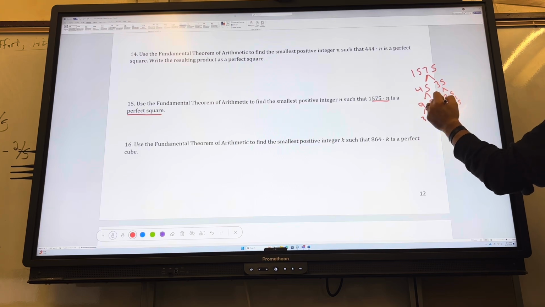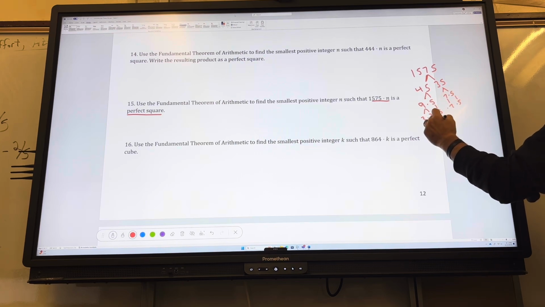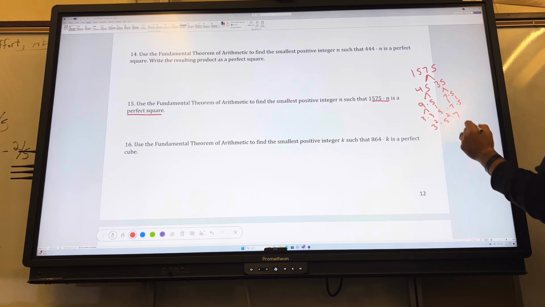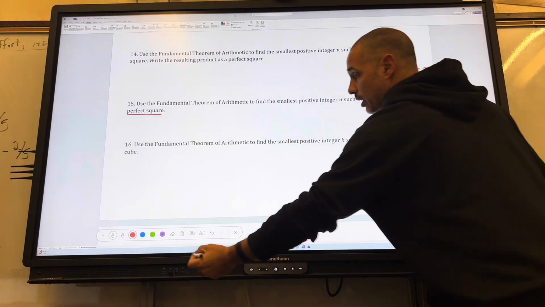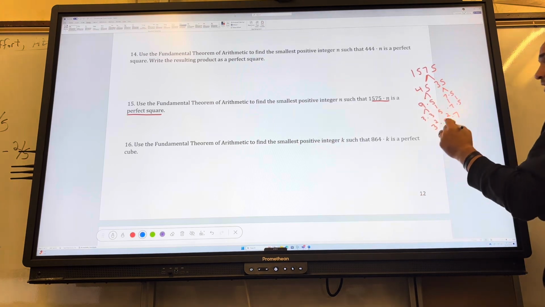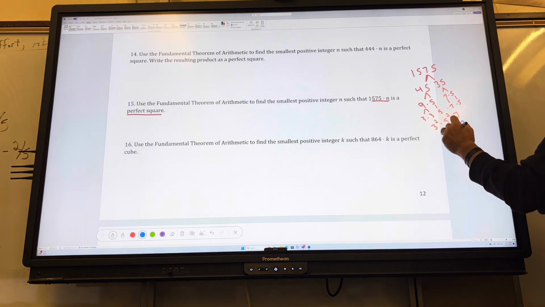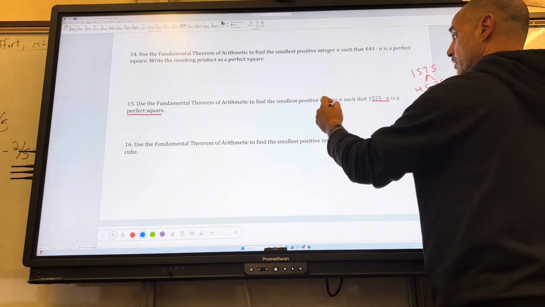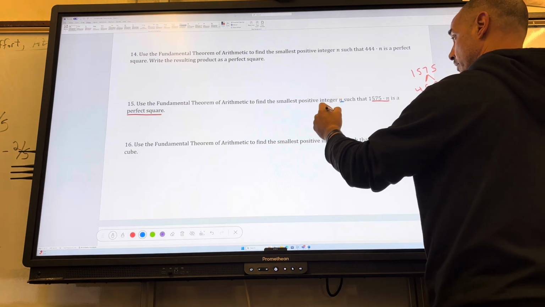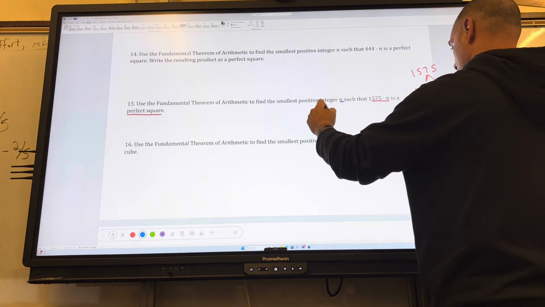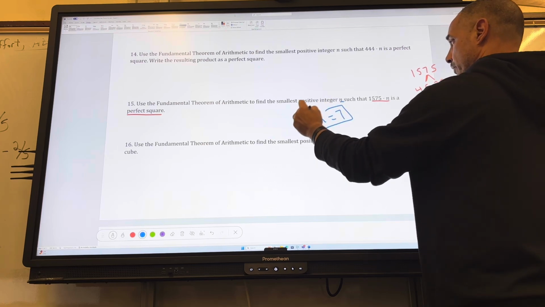The 5 comes down. And so this is 3 squared times 5 squared times 7. The only number that isn't squared here is 7. So I need to multiply it by another 7. N equals 7. So find the smallest positive integer n such that this is a perfect square. N equals 7.